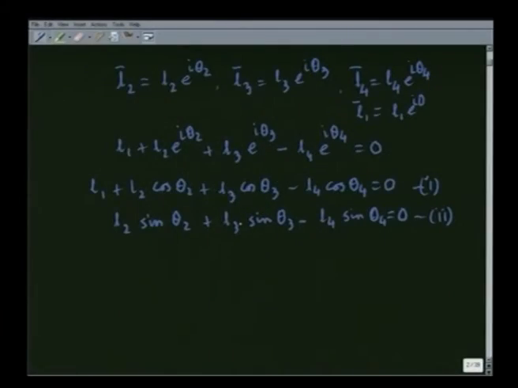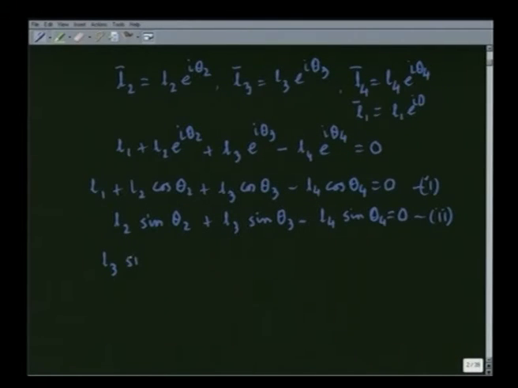Now, from these two equations we can eliminate one of the unknowns, say theta 4 to solve for theta 3, or we can eliminate theta 3 to solve for the unknown theta 4, if L1, L2, L3, L4, that is the link lengths, are given and the input angle theta 2 is prescribed. Now, let me carry out this algebra to determine, say, theta 4.